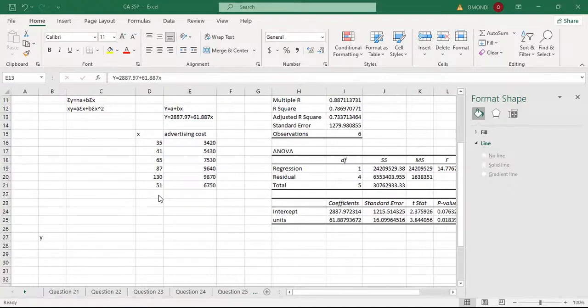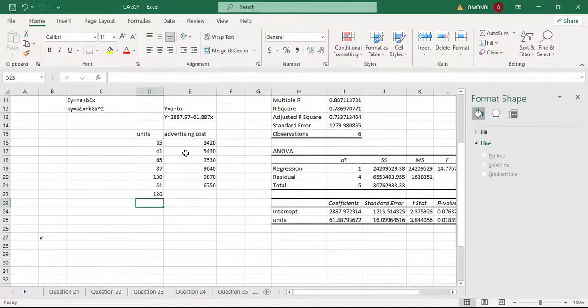Then the examiner now goes ahead and tells you to get the advertising cost which will be incurred if I add 136 units.